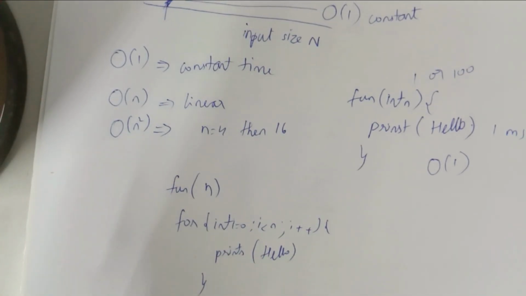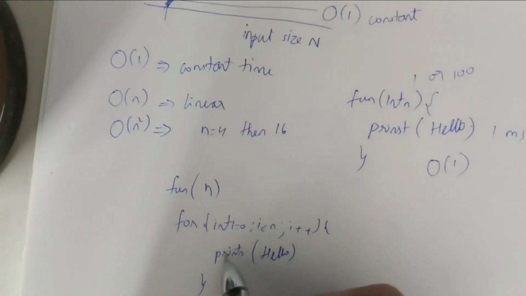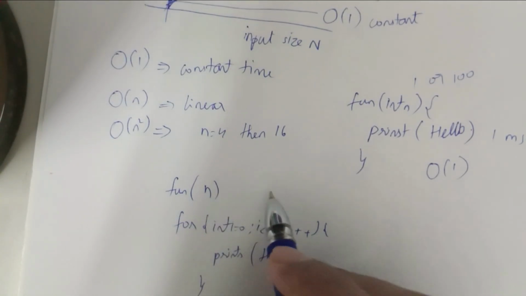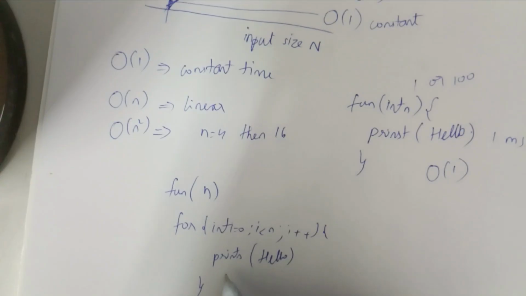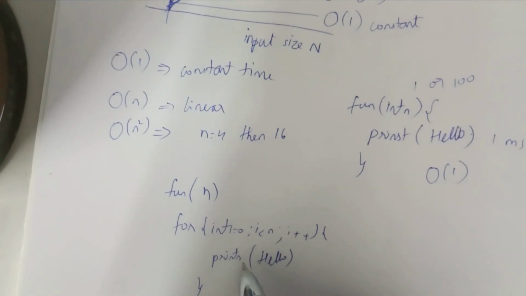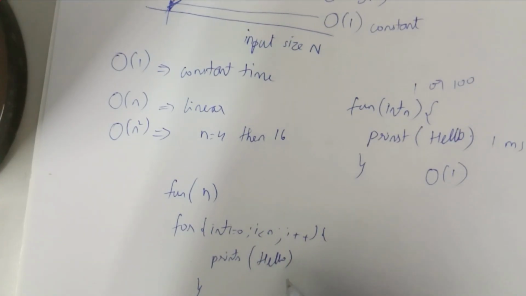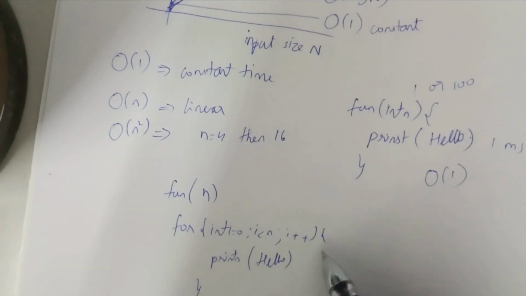So here, if n is 1, then hello is printed one time, but if n is 1000, then hello is printed 1000 times. So this is linearly dependent on the input size. So this is big O of n.